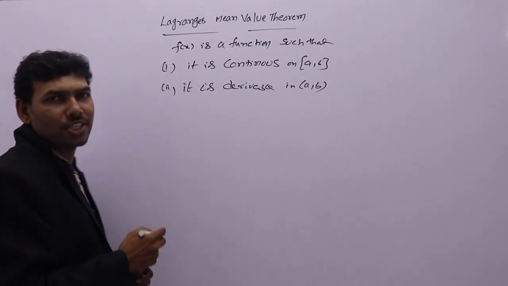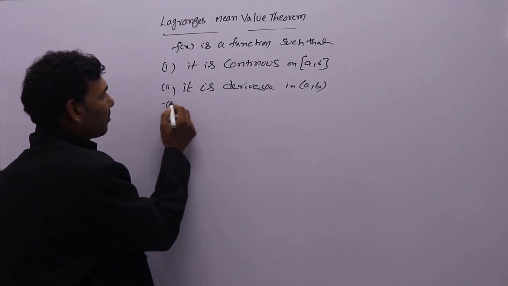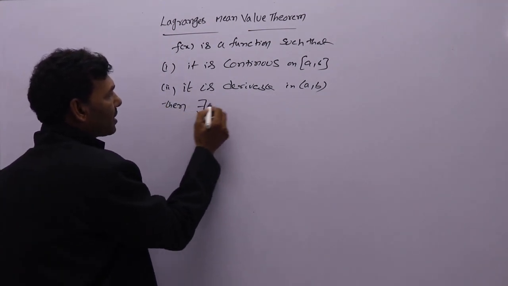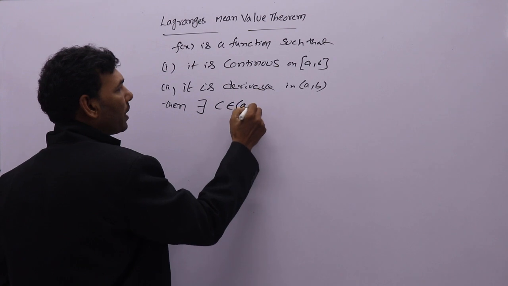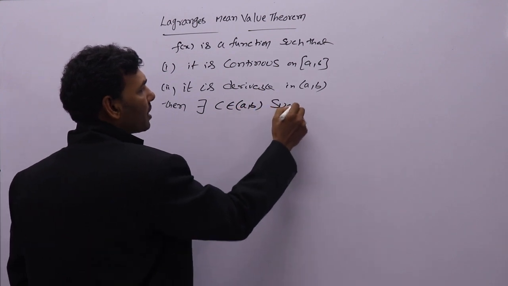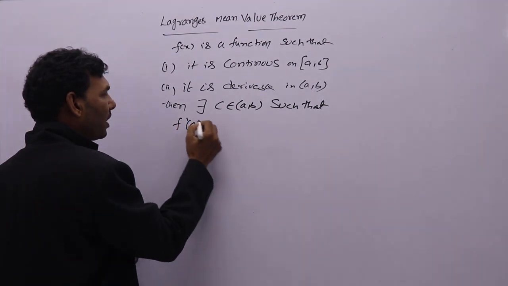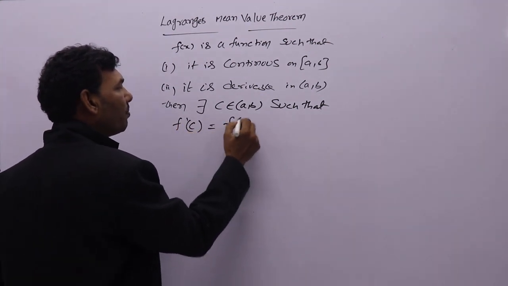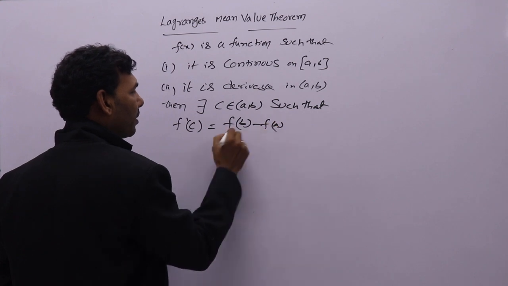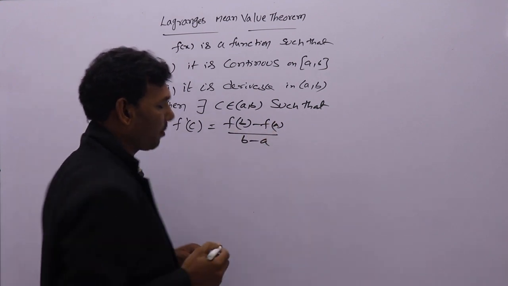If it satisfies these two conditions, then there exists c in the open interval (a, b) such that f'(c) = (f(b) - f(a))/(b - a).